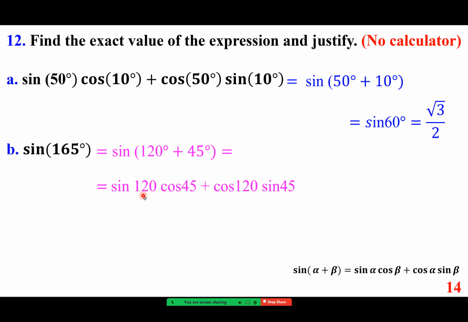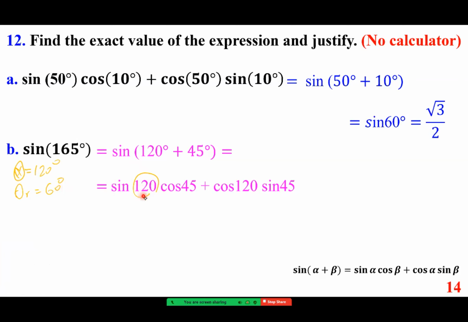Let's look at 120. Let's say theta is 120 degrees, then the reference arc is 60 degrees. So it's the same as 60 degrees. You just have to figure out positive or negative. Sine of 120 is the same as sine of 60, positive or negative.